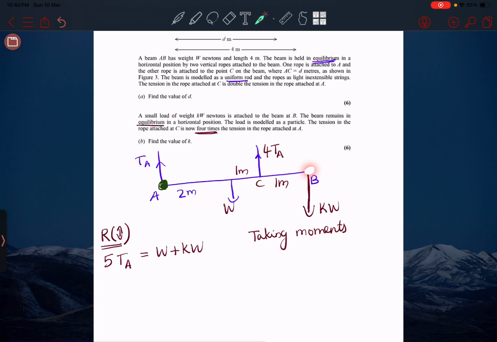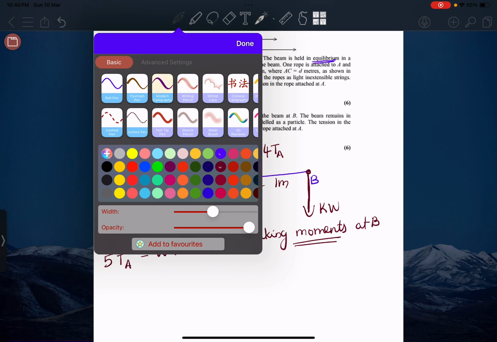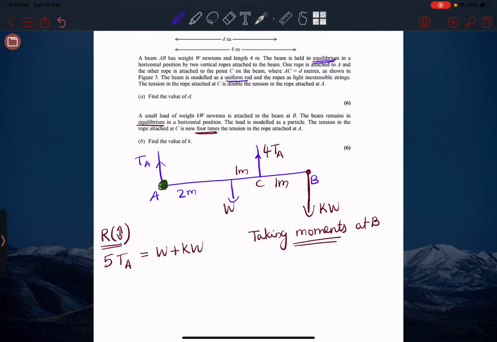Okay, let's take the moment here and let's see what happens. Taking moments at B, I am trying to get rid of the K. I don't know if it's a good idea, but let's see. Taking moments at B, let's highlight this in a different color. The force kW is gone out of the picture.